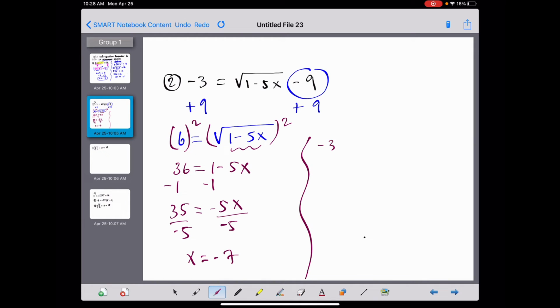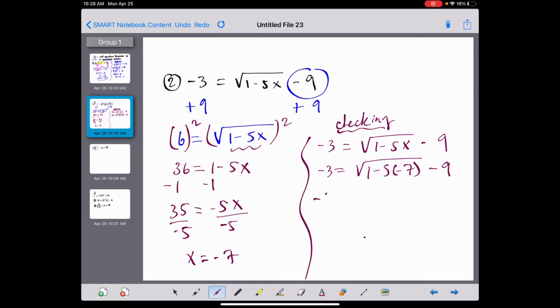So we have -3 equals square root of 1 minus 5x, minus 9. The -9 is outside, not inside. So 1 minus 5 times -7, minus 9.